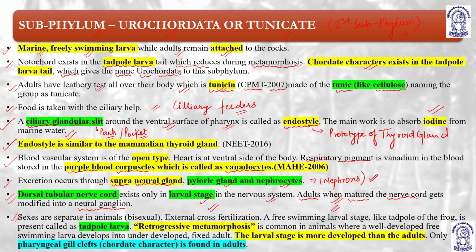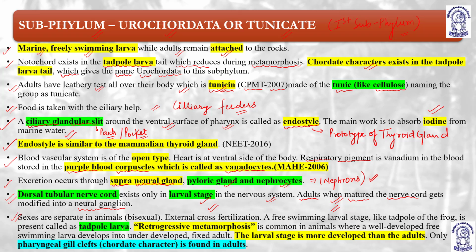See, metamorphosis is of two types. One is progressive and one is retrogressive. Progressive metamorphosis, you all know, is when larva converts into pupa, and pupa converts into adult in case of insects. In other metamorphosis, the larva will form an adult and the adult will be more complex.